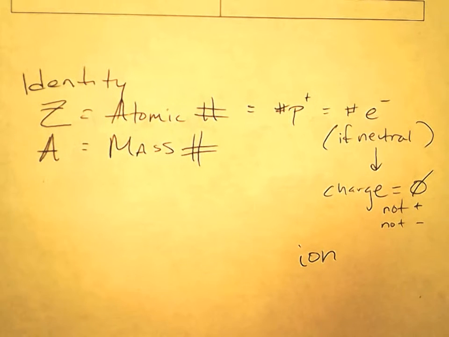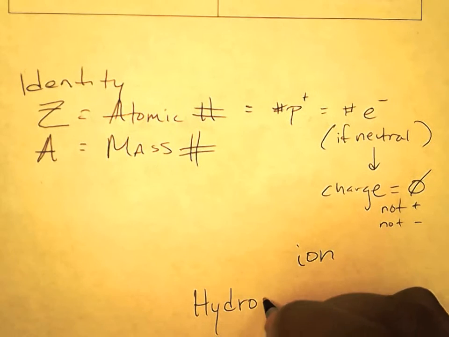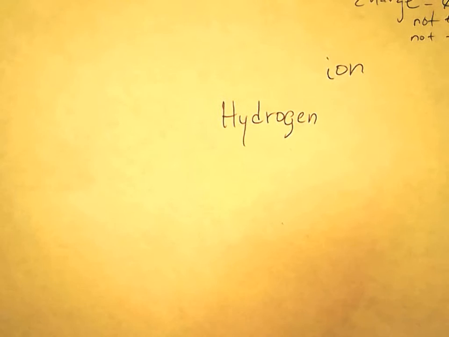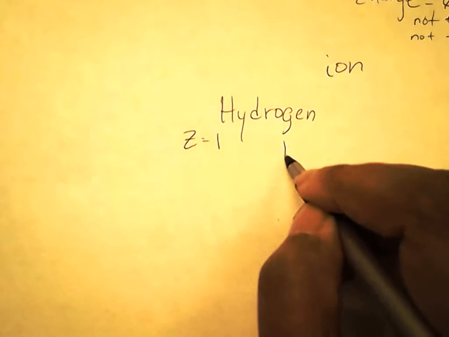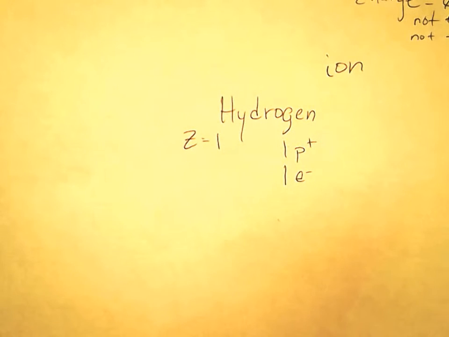Let's just talk about hydrogen, the smallest and simplest element on the periodic table. If it's neutral, what information do I know about hydrogen? Hydrogen has a Z of 1. That means it has 1 proton and it has 1 electron.